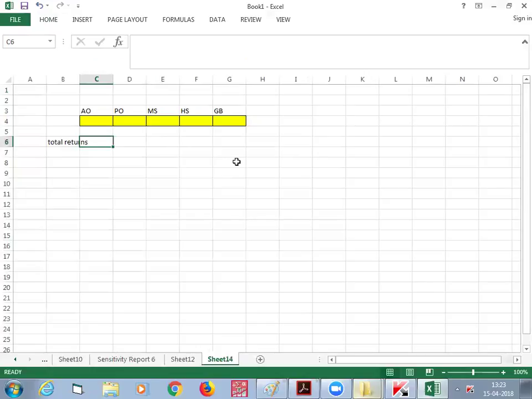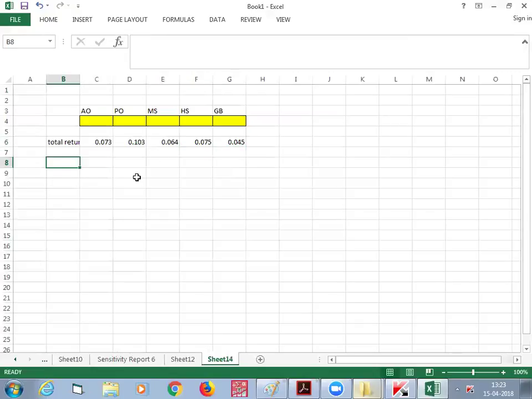Total returns 0.073, 0.103, 0.064, 0.075, and 0.045. Okay, those are the returns.